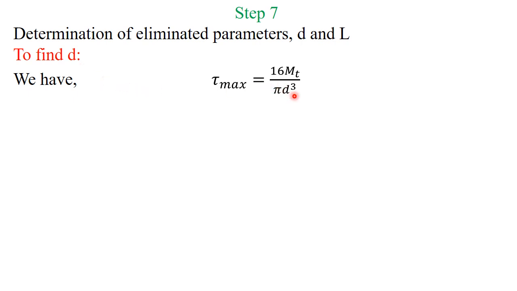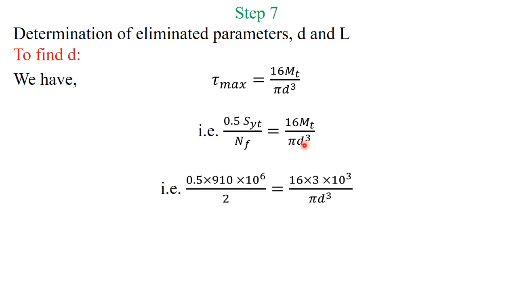So think of any equation which consists of D as unknown. Tau max is equal to 16 mt upon pi d cube. Tau max is equal to 0.5 SYT by factor of safety, equal to 16 mt upon pi d cube.